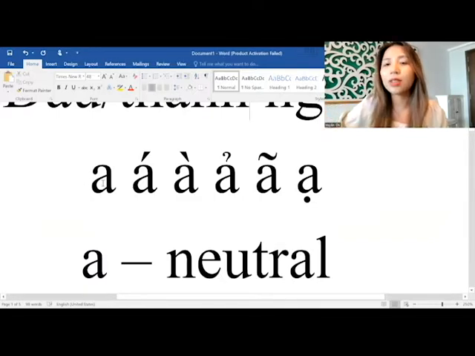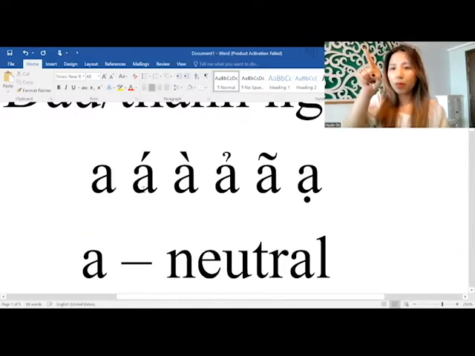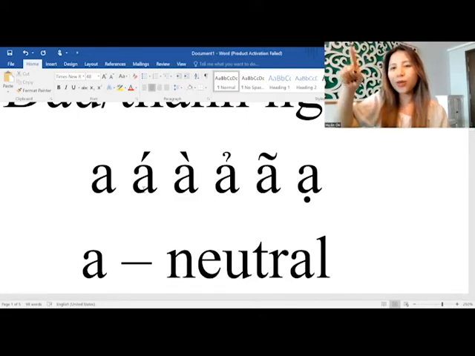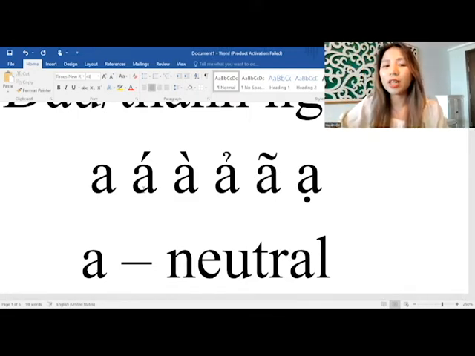Like in English, you say, hi, I said, A. The next one, it is the up tone. When you write it, you go from up to down like this. Or you can do it another way, as long as you can copy the look, it's okay. So with this up tone, you pronounce it up and short, up and very short. This is á.